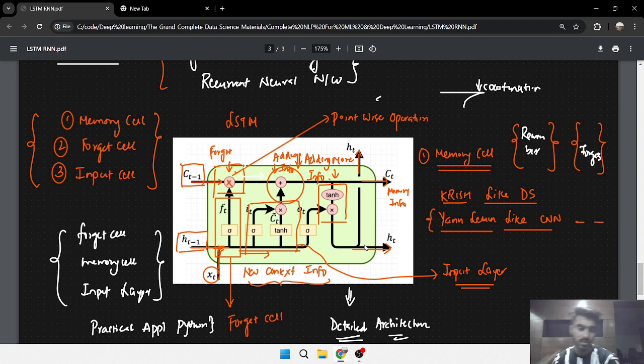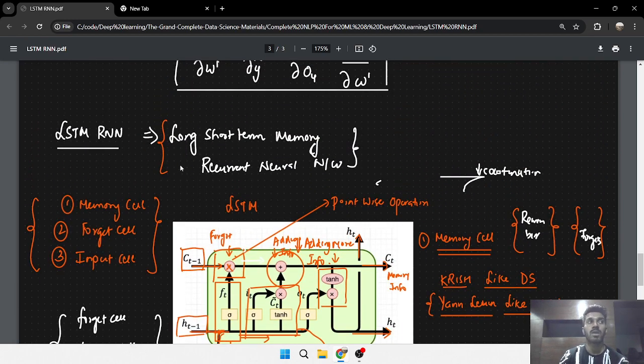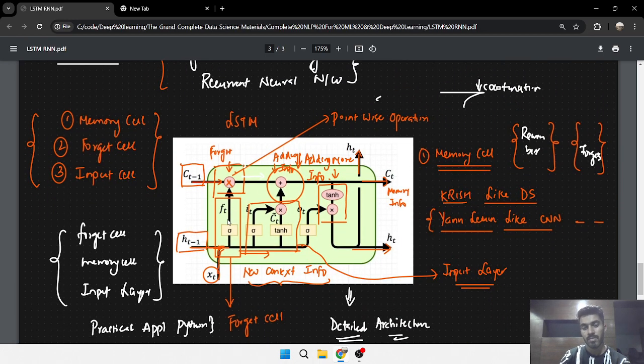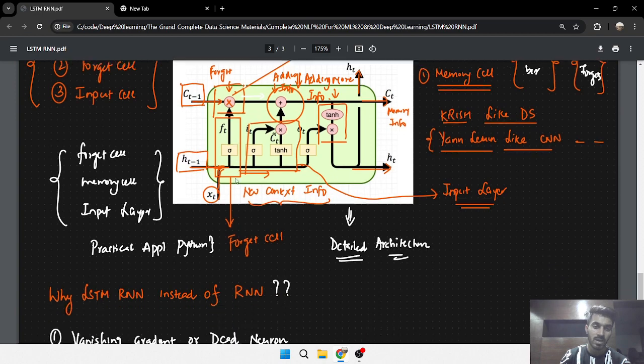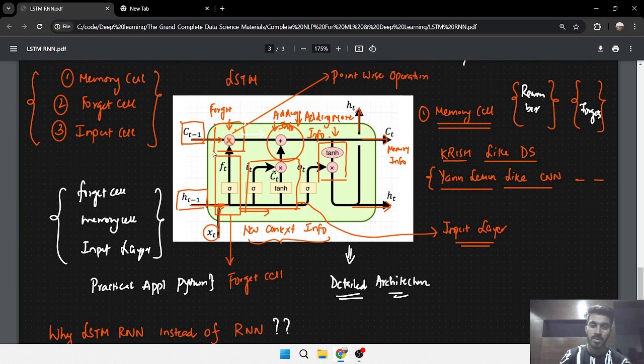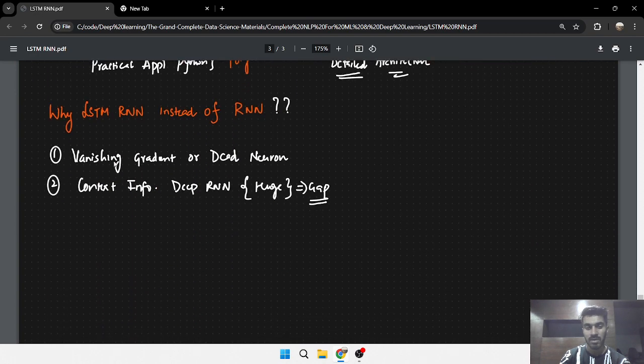This information is also captured in LSTMs because of long-term dependency. This layer helps us decide which information I have to forget and which I have to remember. That's how we are able to capture long-term dependency.